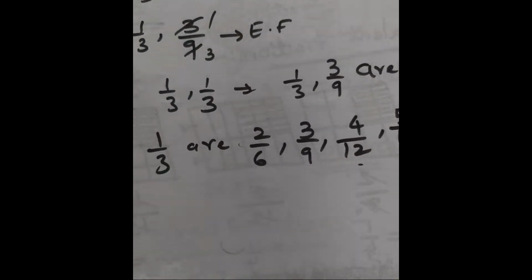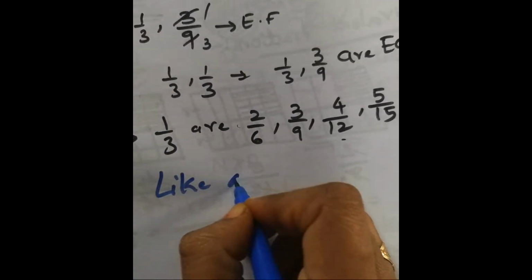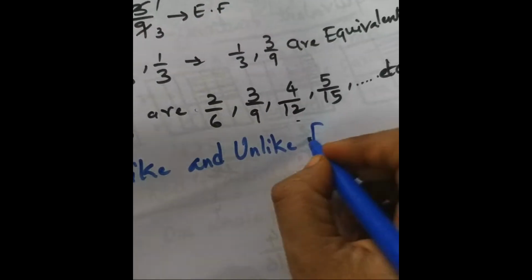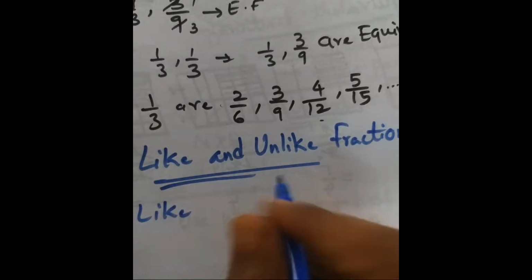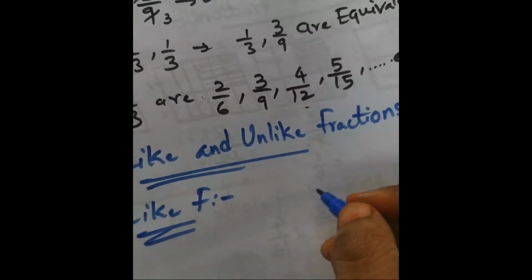Now, like fractions. The fifth type is like and unlike fractions, children. How will you identify like and unlike fractions? See here, like fractions means fractions having the same denominators. If the denominators are the same, we say those fractions are like fractions.